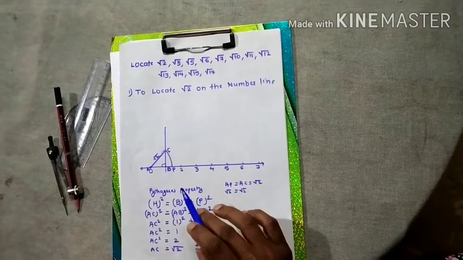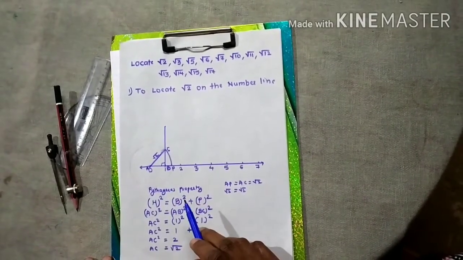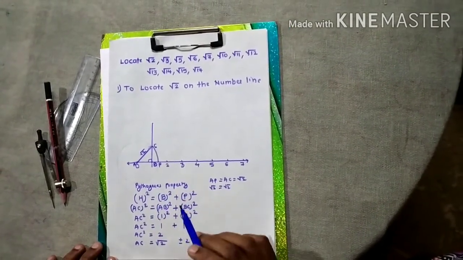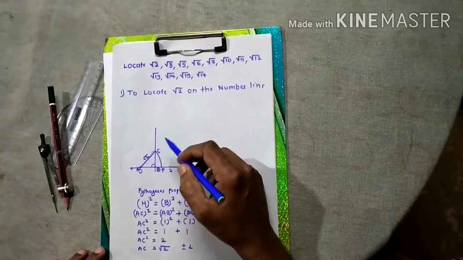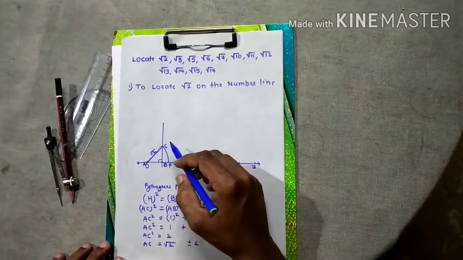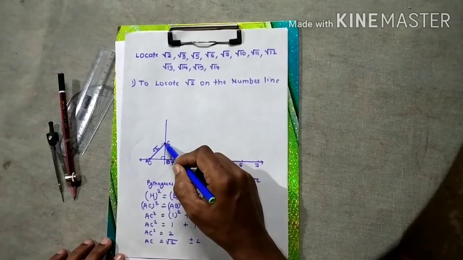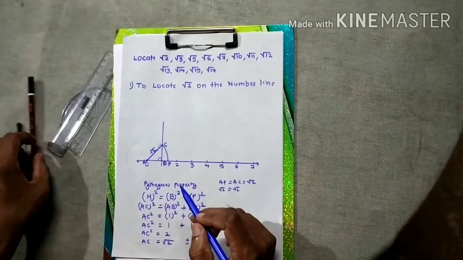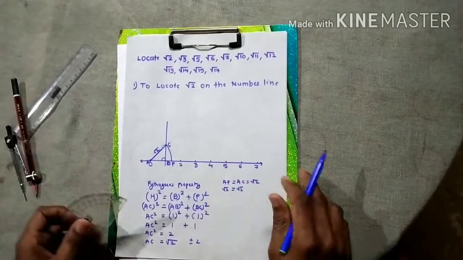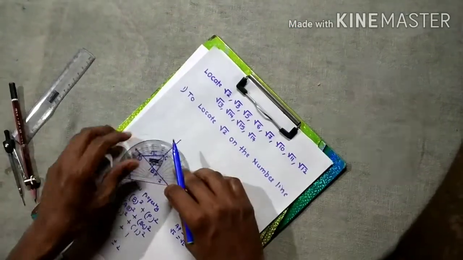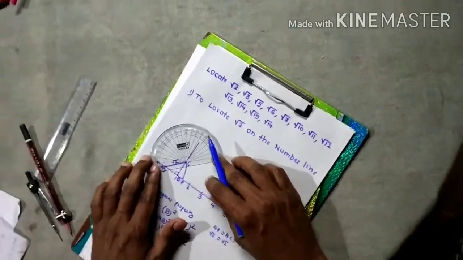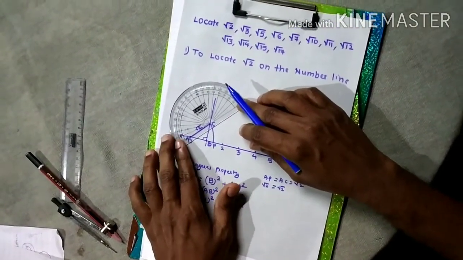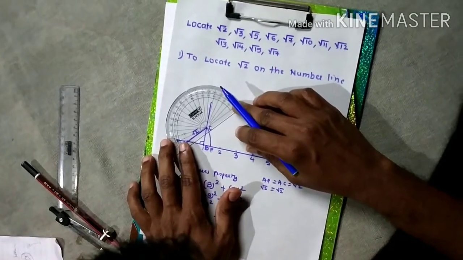So far we have learned how to locate root 2 on the number line. Let us locate root 3 on the number line. In order to locate root 3 on the number line, you have to draw a perpendicular at the point C. So this is the point C. Let me draw a perpendicular here by using a protractor.